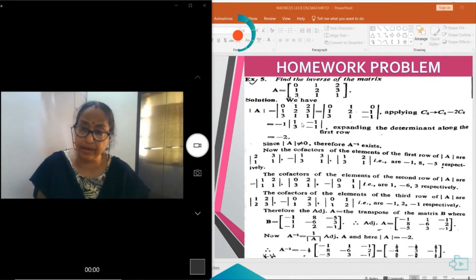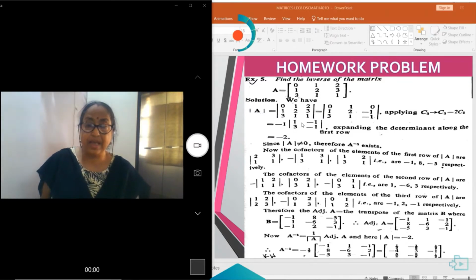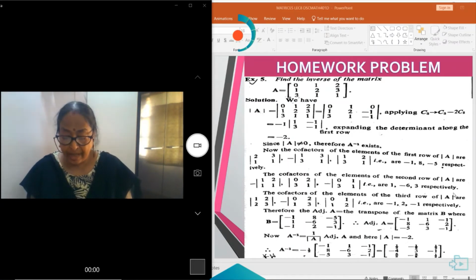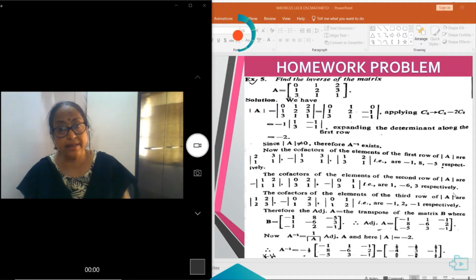At first, find the value of the determinant and then the values of the cofactors as you did in the first example, finding the value of the cofactors and then writing it in the form of B, and then adjoint is taking the transpose of B, we get the adjoint A.